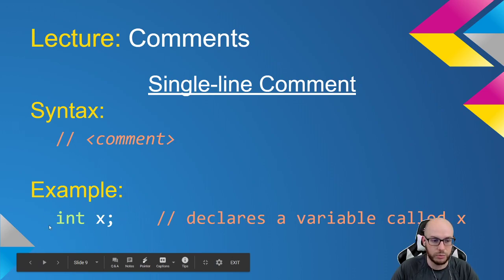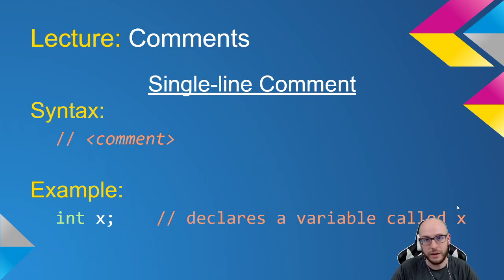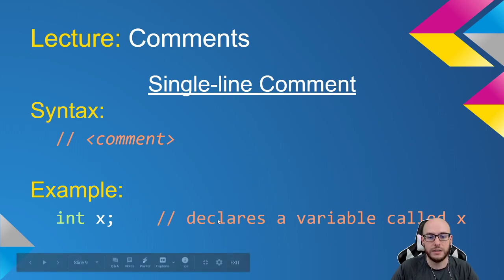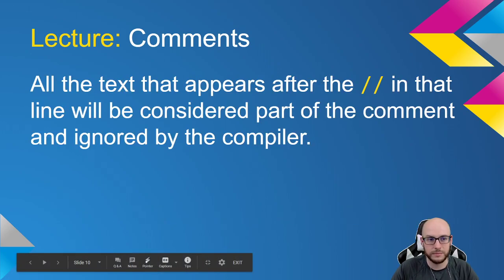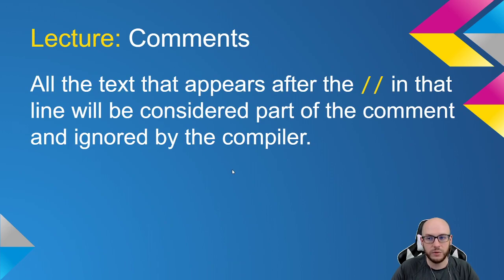Right here is proper Java syntax. We're declaring an integer variable called x. But over here, I do this forward slash, and everything after that on that line is considered a comment. All the text that appears after the forward slash in that line will be considered part of the comment and ignored by the compiler. The computer doesn't even pay attention to it.